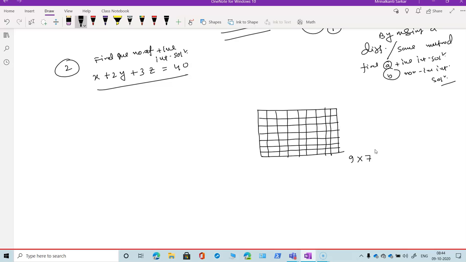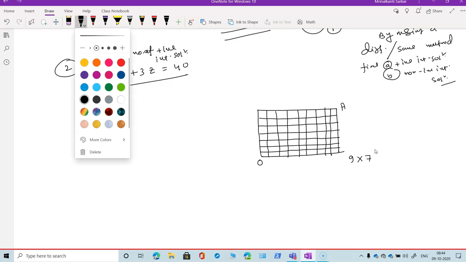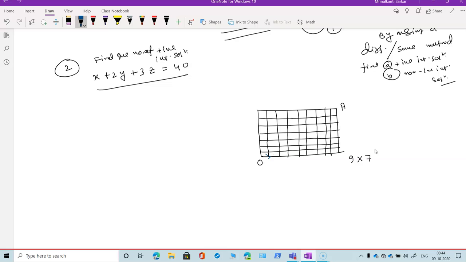Okay? An ant starts its motion from here. It has to reach the point A. It can go forward or leftward only. Okay? The ant can move forward or leftward, but never rightward or backward.